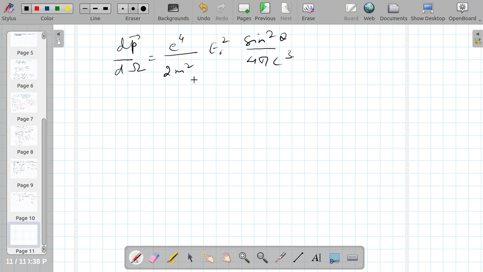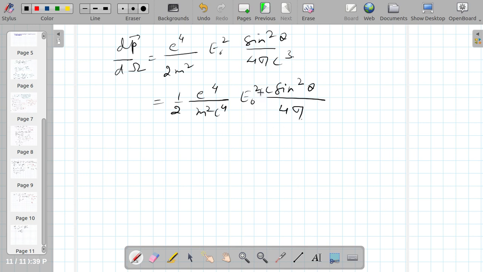Let me rearrange this part. This is equal to 1 by 2 e to the power 4 over m squared c to the 4. I multiplied by c with this and this, so it will become c to the power 4, and it is E naught squared, and here it is sine squared theta, and c is multiplied with it, and it is 4 pi.